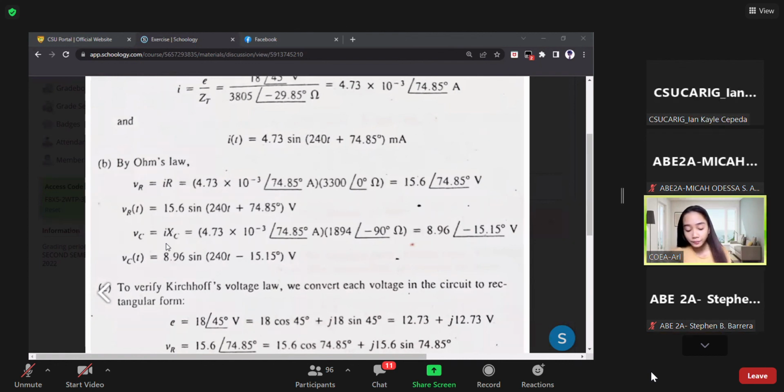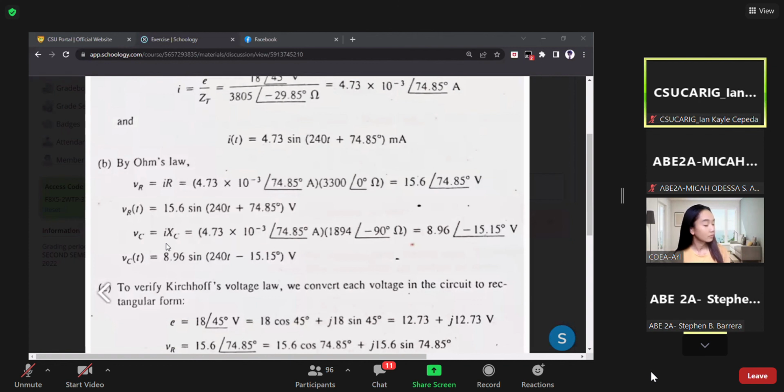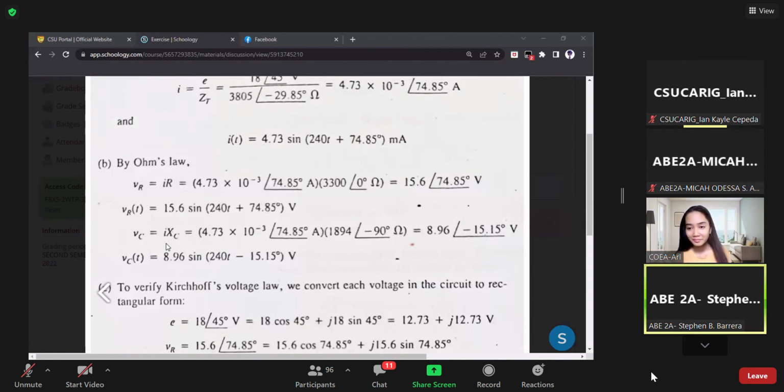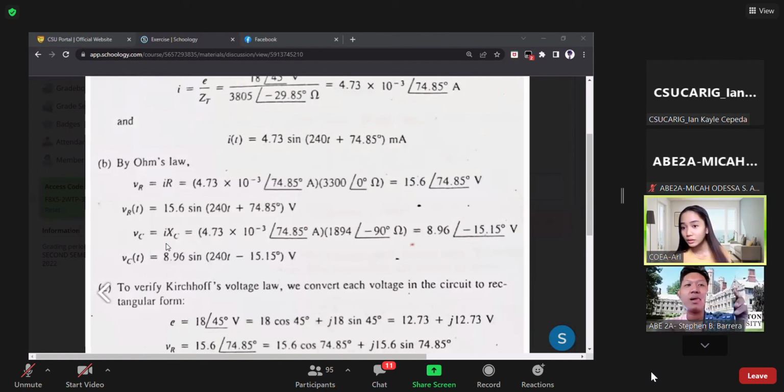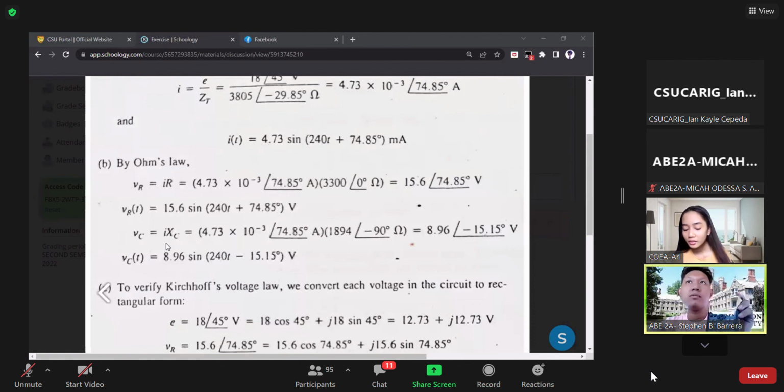Go ahead, Stephen. Ma'am, yung magnitude lang po may bibigay po, ma'am, kasi wala pong function yung calculator ko na parang sa inyo po. Ay, ganon. Anong calculator gamit mo? 350S po, ma'am. May I see the itsura? It doesn't have any complex mode. May complex mode po siya, ma'am, pero wala pong function na angle. Kita po ba?